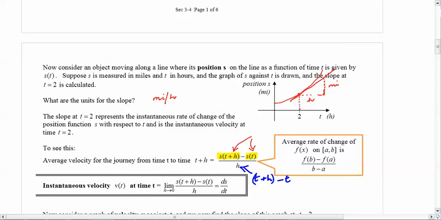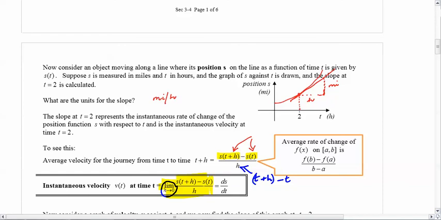To get the instantaneous velocity, we're going to take the limit as h goes to 0 of that quotient. And that is, of course, the derivative of the position function with respect to time. If you look at that expression, that's the definition of the derivative of the position function.